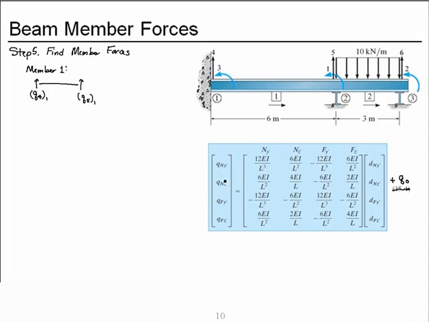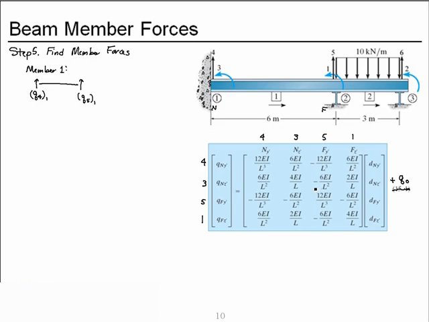Now, for member 1, the degrees of freedom associated with the member forces are 4, 3, because this is the near node, and this is the far node, 5, and 1, and therefore the deformations are also 4, 3, 5, and 1.